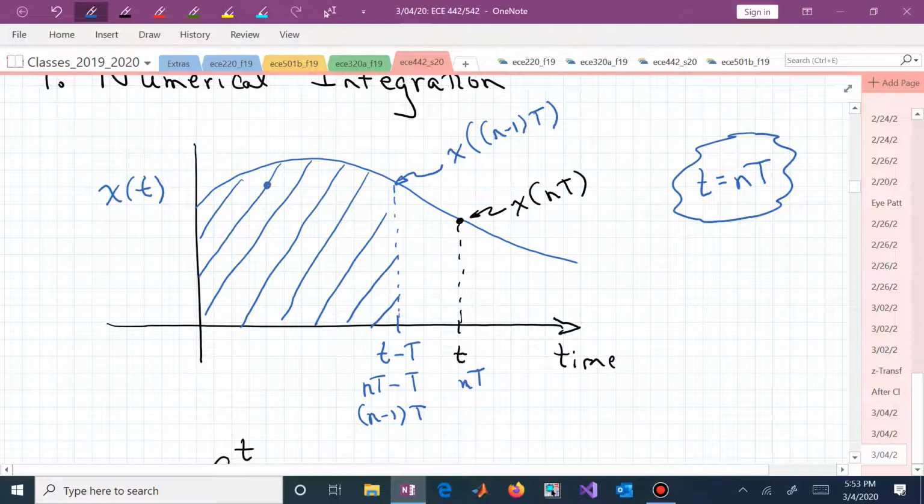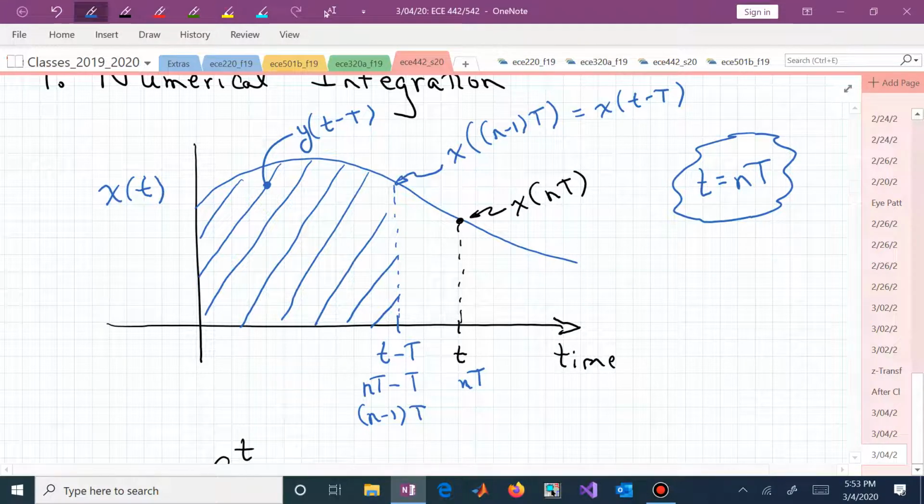And we are going to call that area y of t minus capital T, because that's really what this is. Y is now the area underneath the curve up to time little t minus capital T.